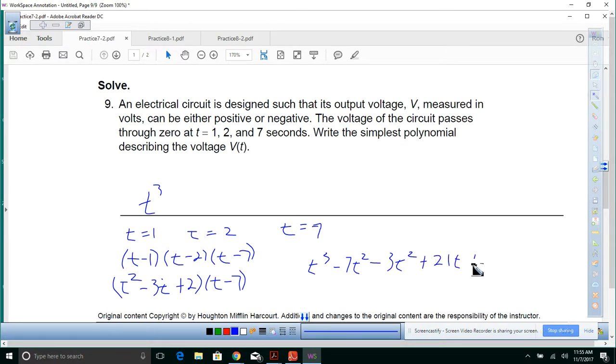And that's going to be plus 2t minus 14. So these two come together, and that's minus 10t squared. These two come together, and that gives you plus 23t minus 14. So the voltage of t is that right there.